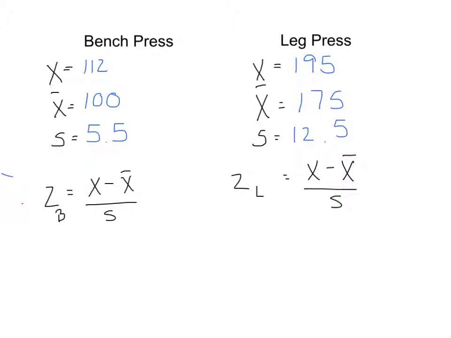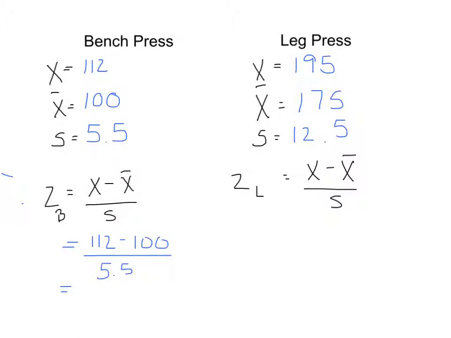Using that information, now that we have our person's x-score, or what they bench pressed or leg pressed, the team's mean, and the team's standard deviation, I can calculate z-scores. For her bench press, I do 112 minus the 100-pound mean, all over a standard deviation of 5.5 pounds.